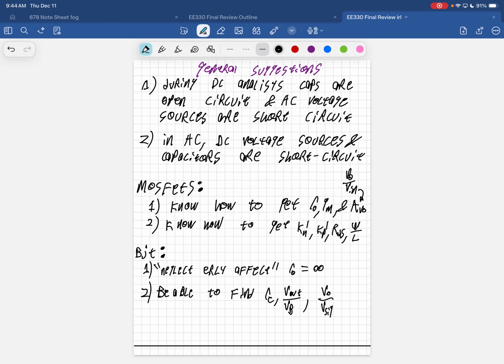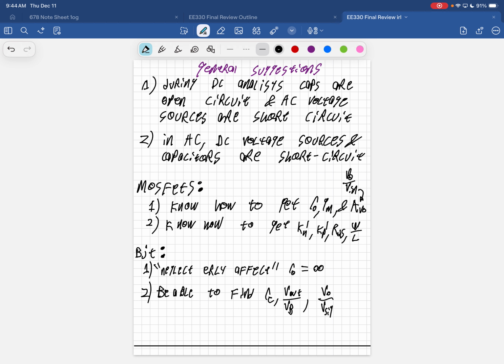Could you remind us why we need to solve for DC first and what we're searching for? Yeah, good question. So particularly with MOSFETs, and with BJTs as well, you need to know bias current. Oh, that's the big IC. Exactly. I'm glad you brought that up, because another thing to keep in mind is capital I means DC and then little i means AC.